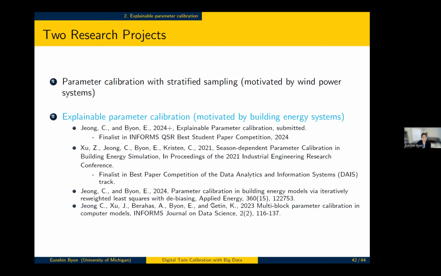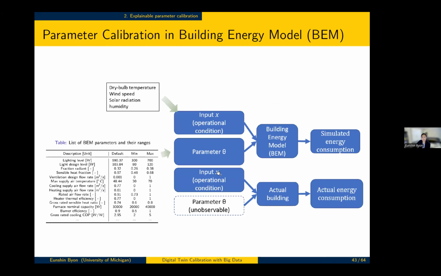Okay. So the second project is the explainable parameter calibration. This is motivated by the building energy systems calibration. So in the building energy system, we have a building energy model, the discipline model, and the input is the temperature, wind speed, solar radiation, and humidity.